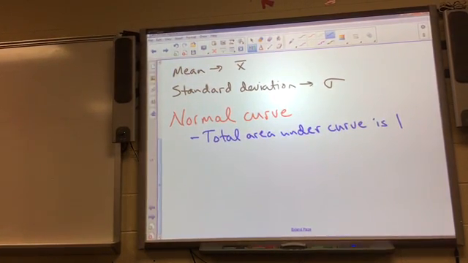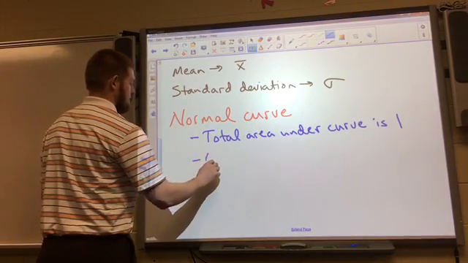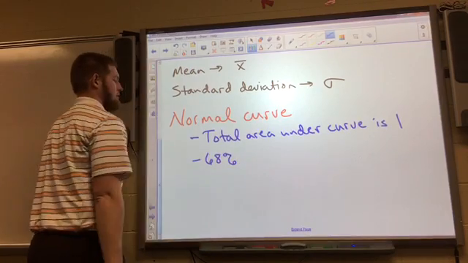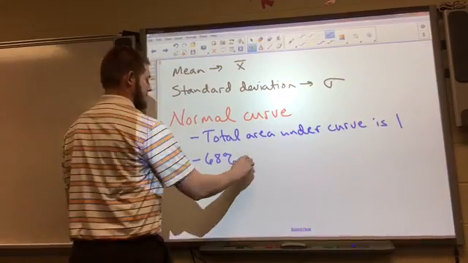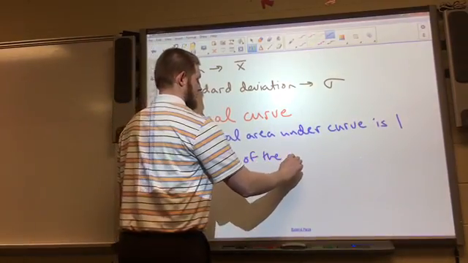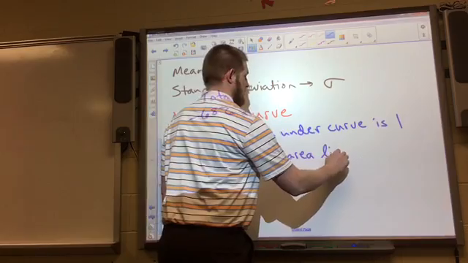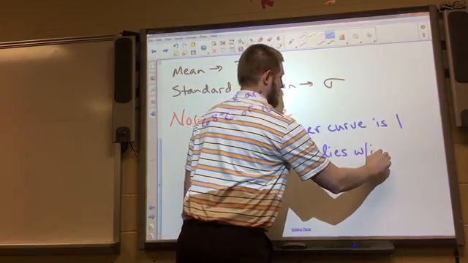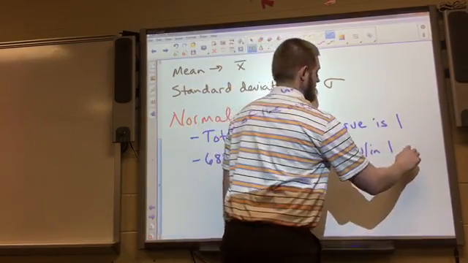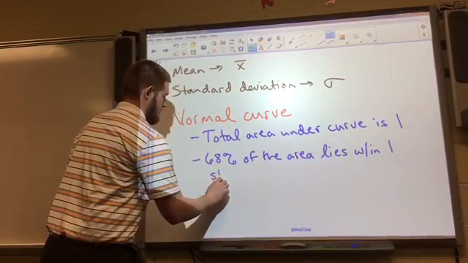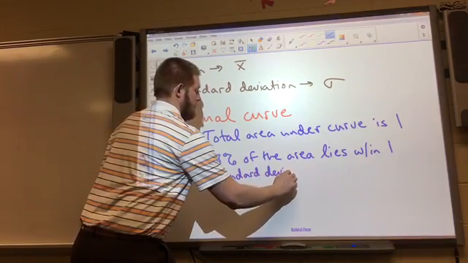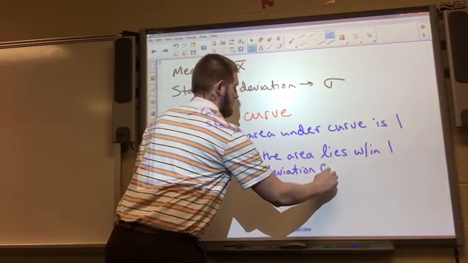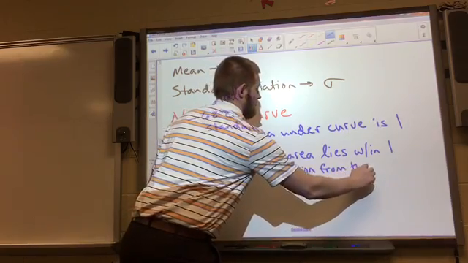So your total area is 1. Second, 68% of the area lies within 1 standard deviation from the mean.